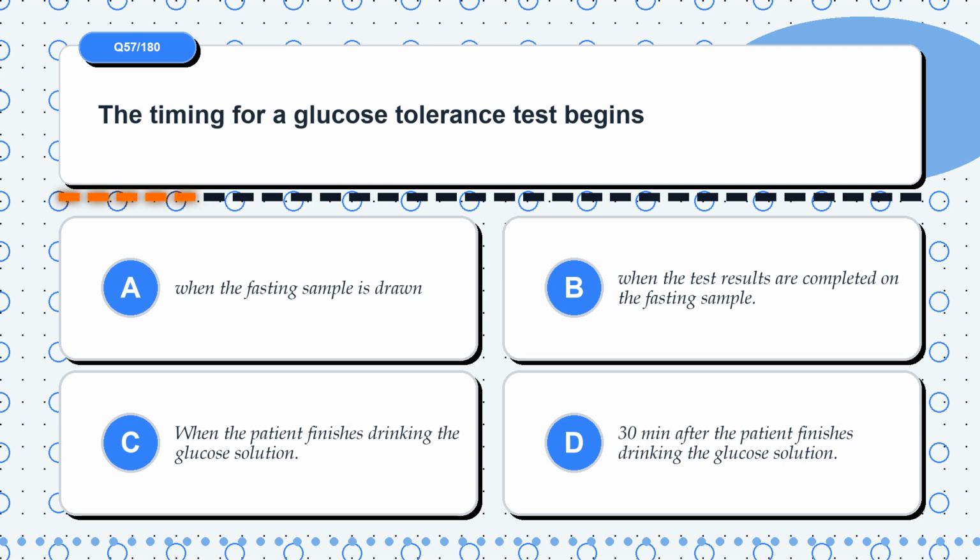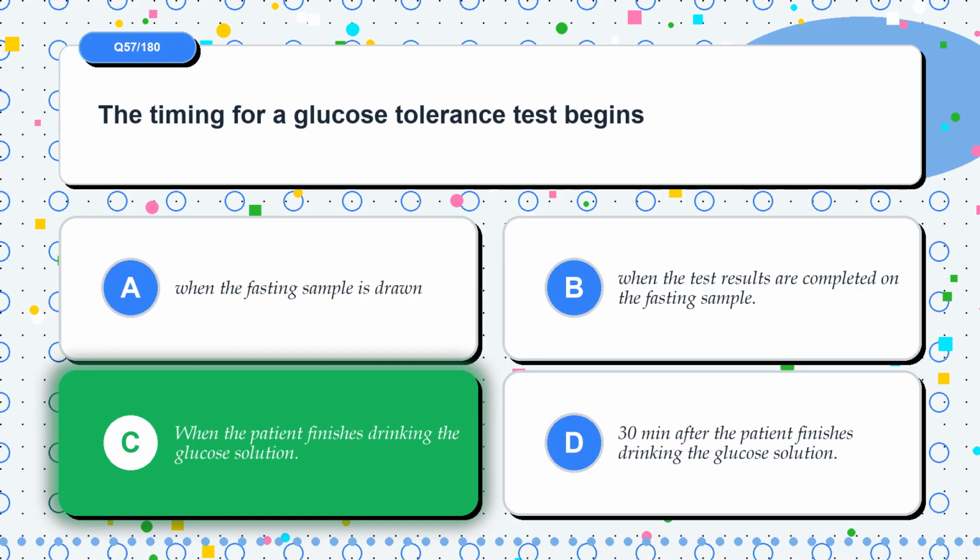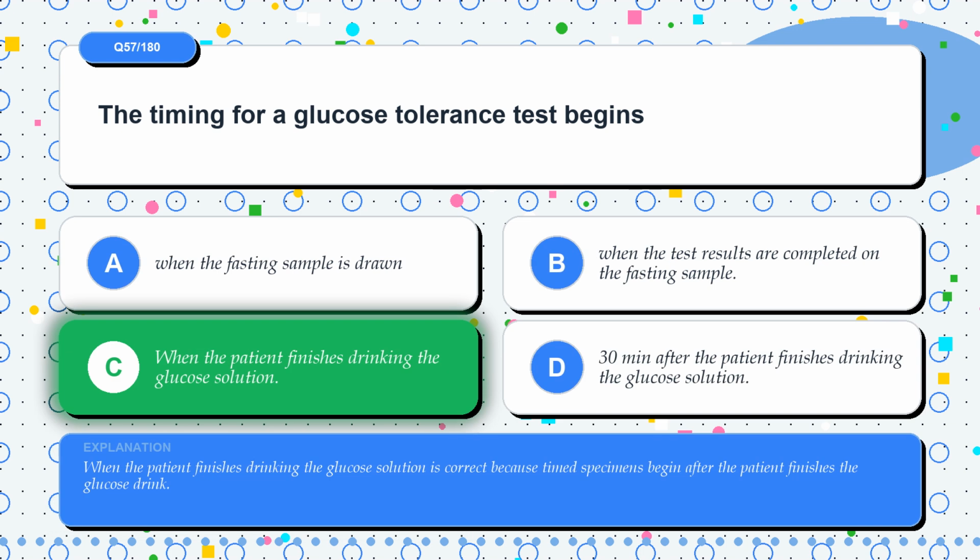Option D, 30 min after the patient finishes drinking the glucose solution. The correct answer is option C. When the patient finishes drinking the glucose solution is correct because timed specimens begin after the patient finishes the glucose drink.